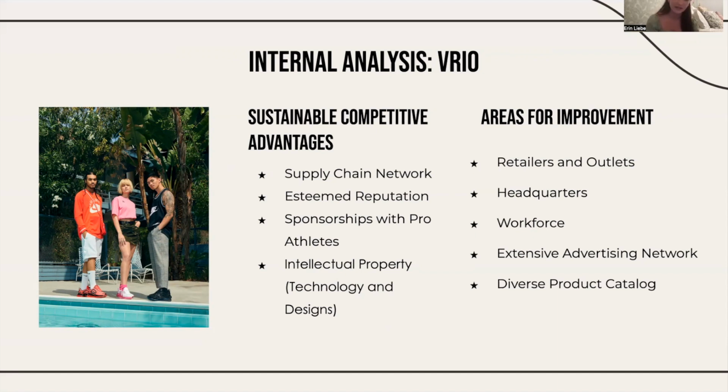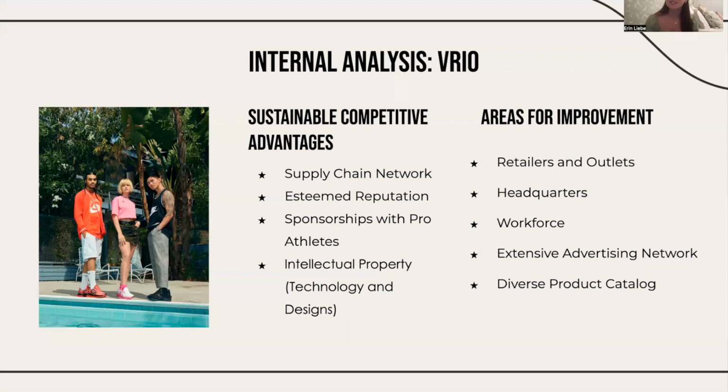But then there are also some areas to improve, however, and these areas are missing one of the key VRIO attributes. So for Nike, most of these resources are valuable, but they primarily fall short in one of two ways. Either they're not costly to imitate or they are not rare. So retailers at their headquarters and their workforce fall in the first category because they're very easily replaceable, even by firms that are just starting out in the industry.